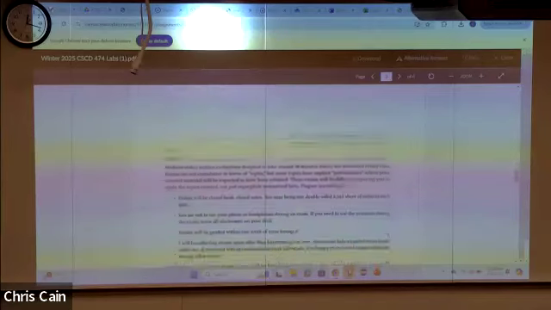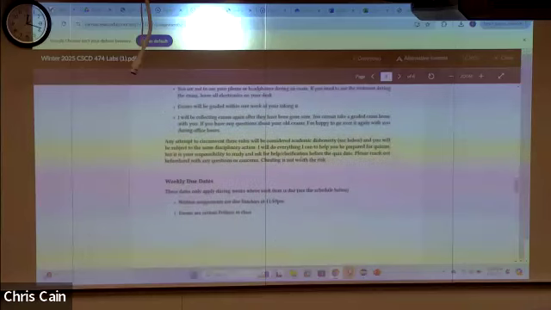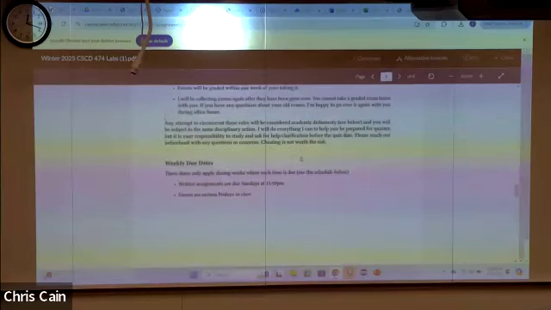What else? You can read most of this. Weekly due dates. I try to keep the same weekly due dates in all of my classes. So written assignments are going to be due Sunday nights. That's just making sure that you've gone through the Unity associated textbook chapters. The grades for this will just be, did you do what the book asked you to do?